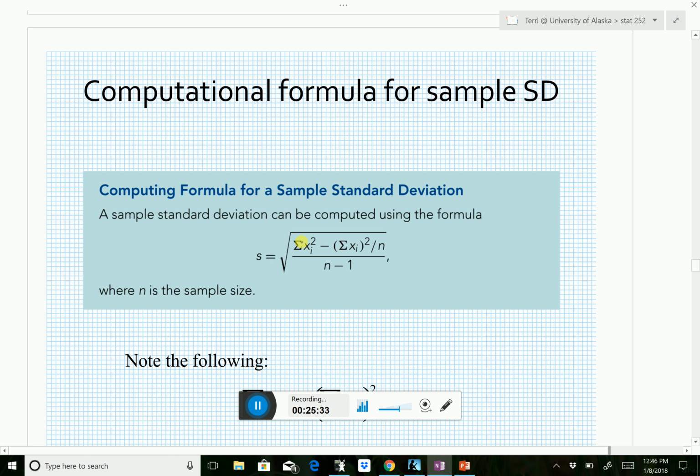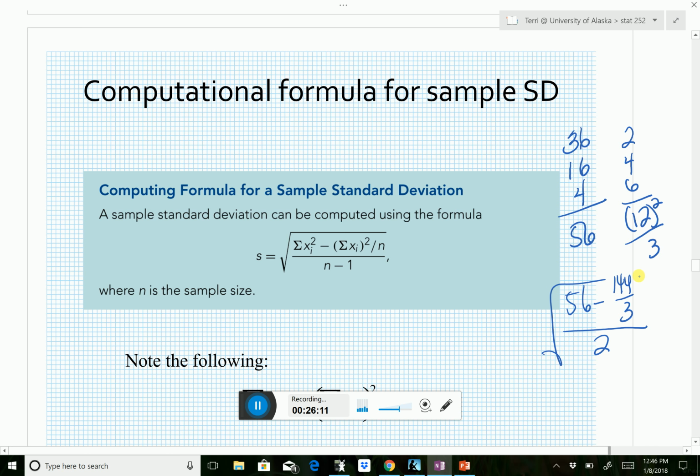In this case, we take each of our data points and square them. So in the previous case, this would have been 36, 16, and 4, which would be 56. And then we take the sum of the data, which would be 2, 4, and 6, which is 12, square it, divide it by 3. So 56 minus 144 over 3, divided by 2.